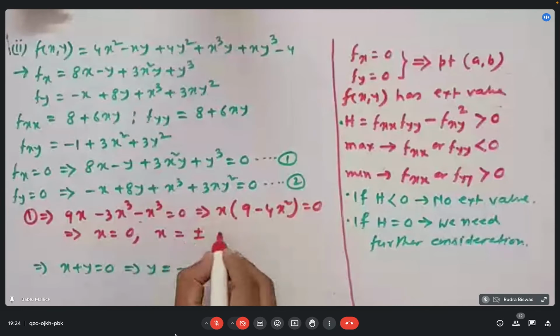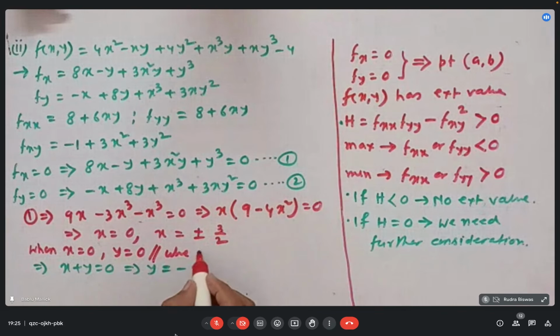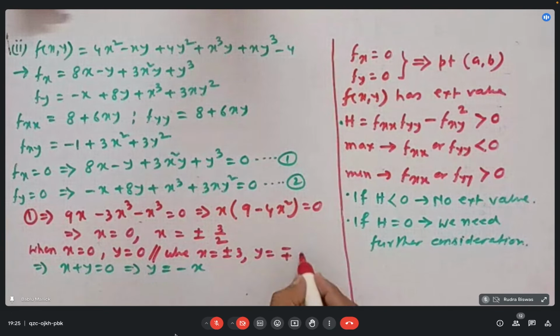When x is equal to 0, y is equal to 0, and when x is equal to plus minus 3 by 2, y is equal to minus plus 3 by 2.